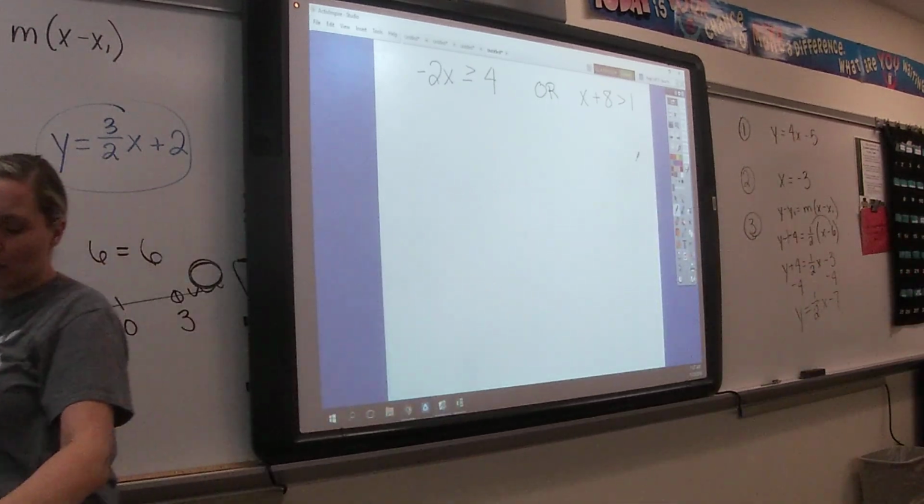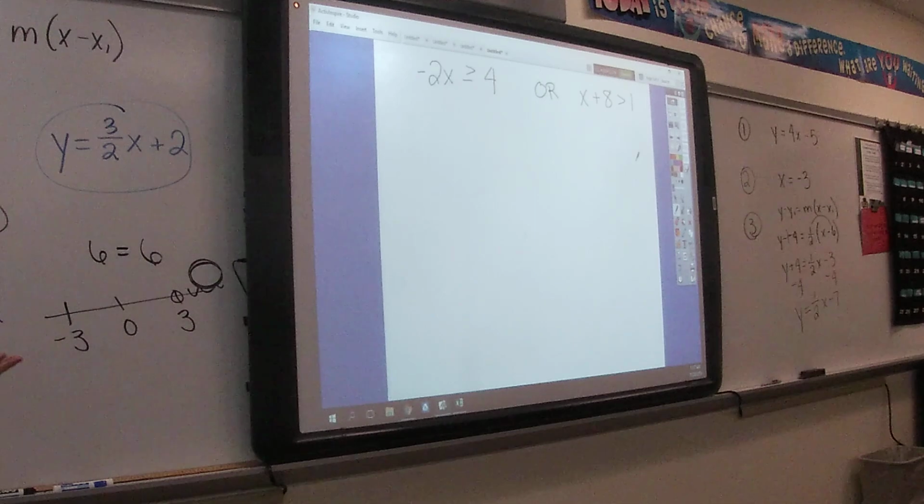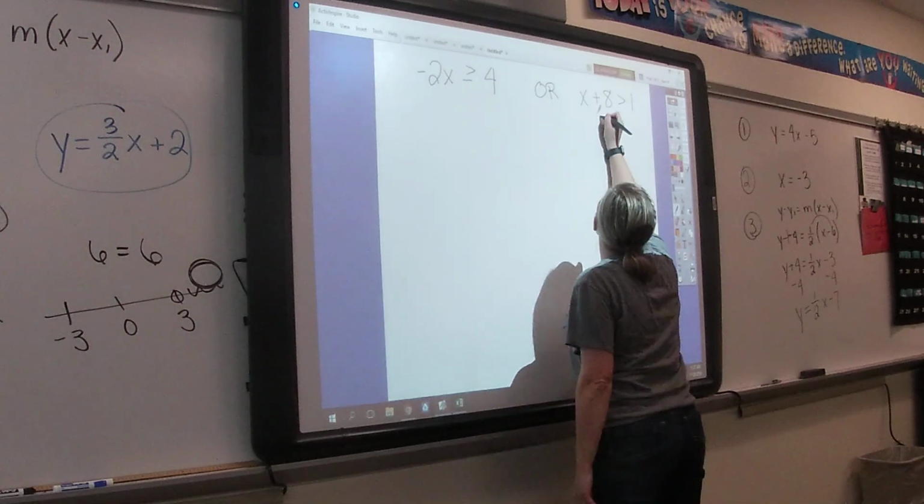Any thoughts on what we might want to do first? Solve them. Right? This isn't like anything we haven't done. Just treat it as if it's two separate inequalities and solve it like normal.